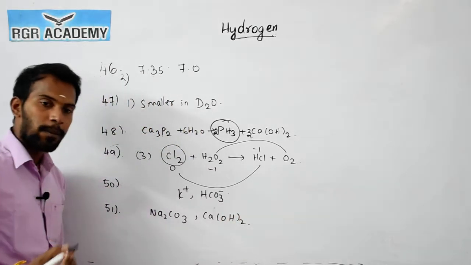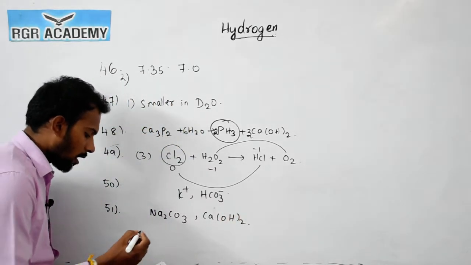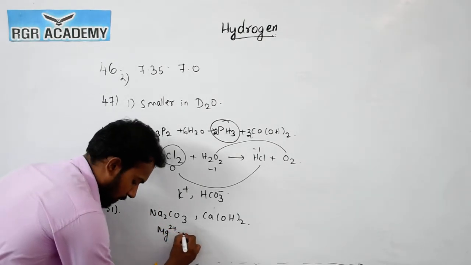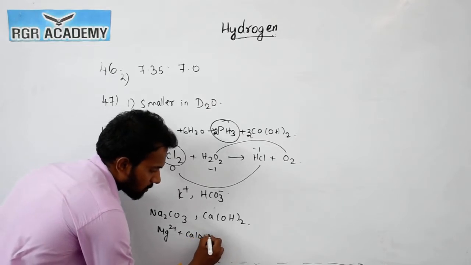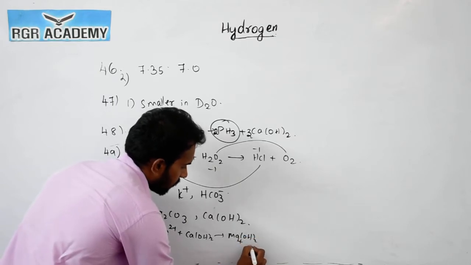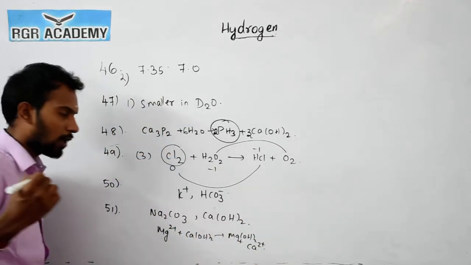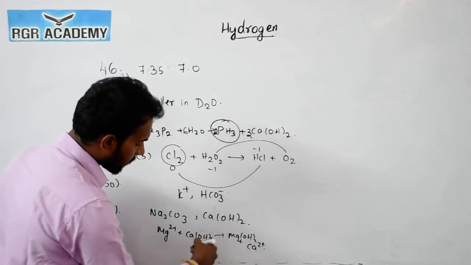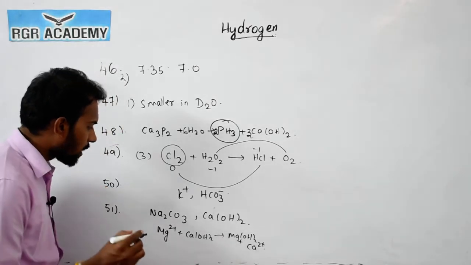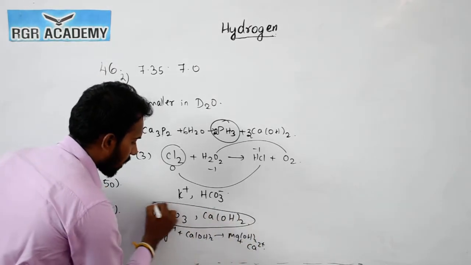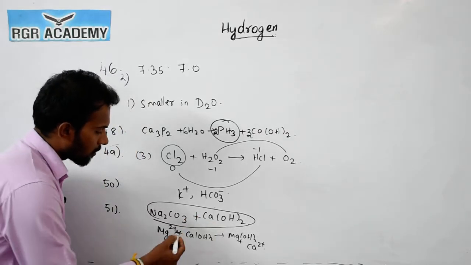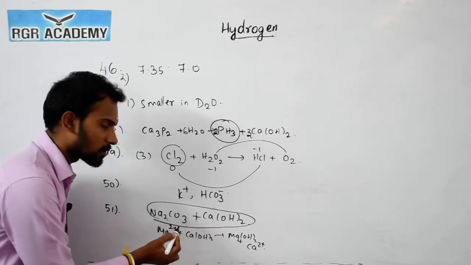Due to this reason, magnesium 2 plus and calcium 2 plus ions: this magnesium 2 plus reacts with calcium hydroxide, and that one converts into magnesium hydroxide plus calcium 2 plus. So the compounds which combined are the best way to remove the permanent hardness: Na2CO3 and calcium hydroxide is the best way.